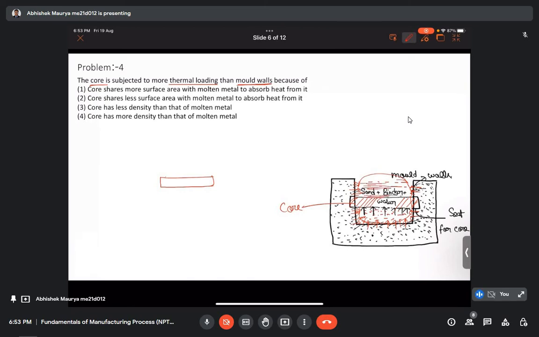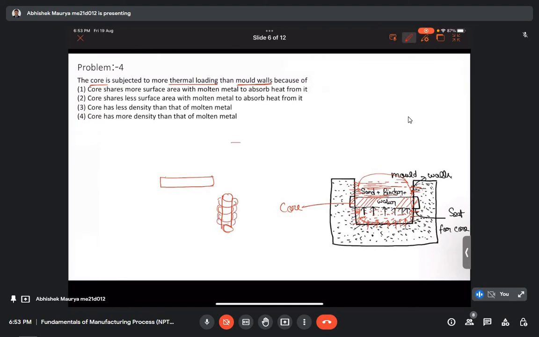So if we look at it in 3D, it has been surrounded by the molten metal from all sides.